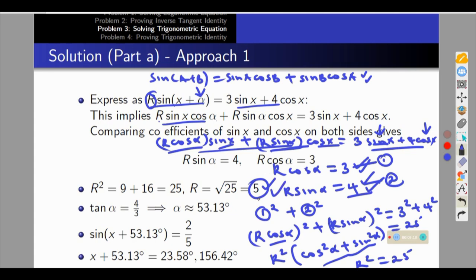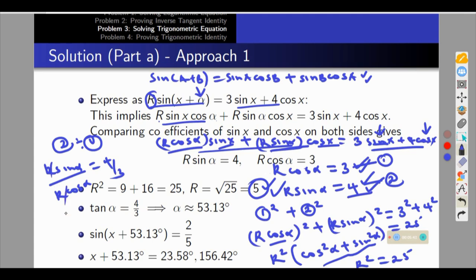So from there, we have got the value of r, and we can now get the value of alpha. To get the value of alpha, we take equation 2 and divide it by equation 1. So you have r sine of alpha divided by r cos of alpha, which is the same as 4 divided by 3.